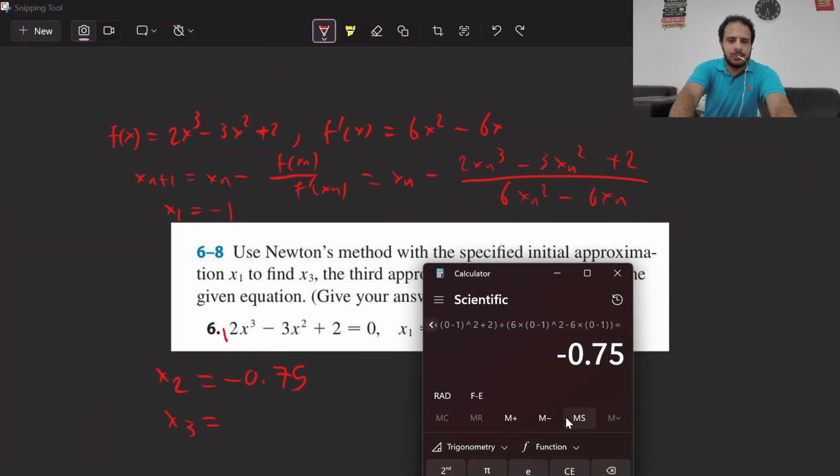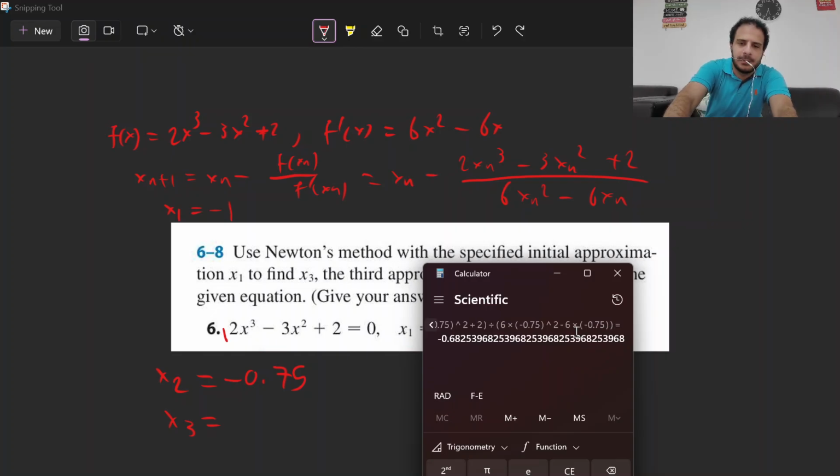Control C, now Control V minus, open, 2 times Control V cubed minus 3 times, open, Control V, close, squared, then plus 2, close, divide, open, 6 times, open, Control V, close, squared, minus 6 times, open, Control V, close. You get this number, minus 0.682539.